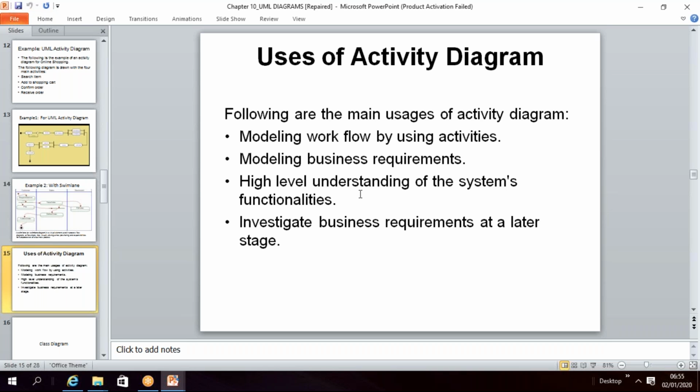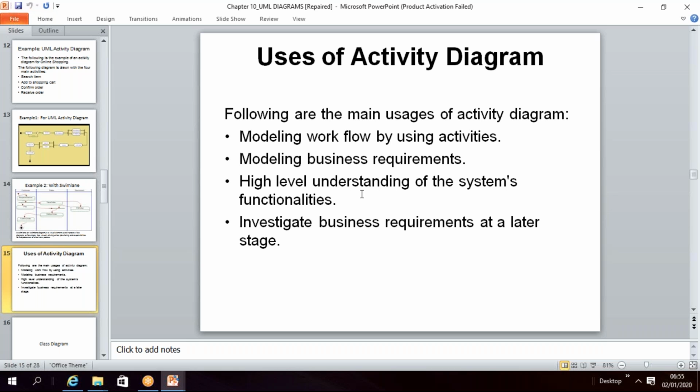In all these cases, we can use the activity diagram. Is that clear? Any questions? Yeah, it's clear. Okay. Right.